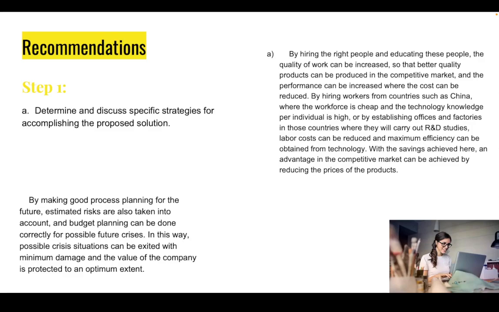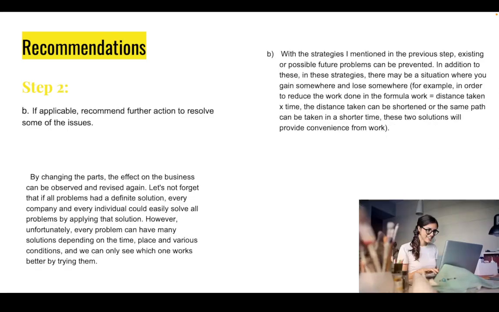With the savings achieved here, an advantage in the competitive market can be achieved by reducing the prices of the products. By making good process planning for the future, estimated risks are also taken into account, and budget planning can be done correctly for possible future crises. In this way, possible crisis situations can be exited with minimum damage, and the value of the company is protected to an optimum extent.